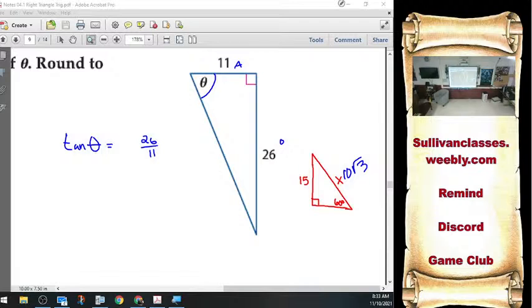Oh. 30, 60, 90 special right triangle ratios. I completely forgot about that. Right now is 15 the long leg, short leg, or hypotenuse?